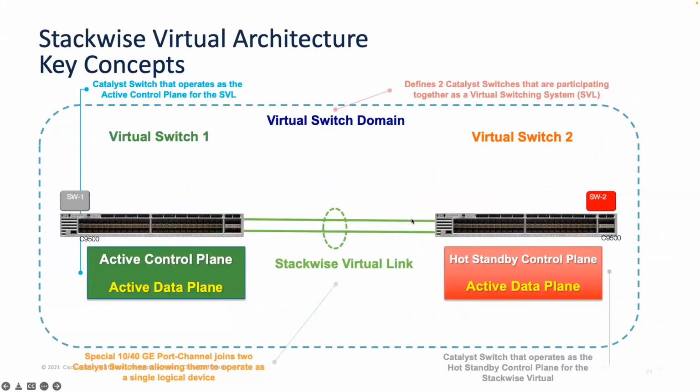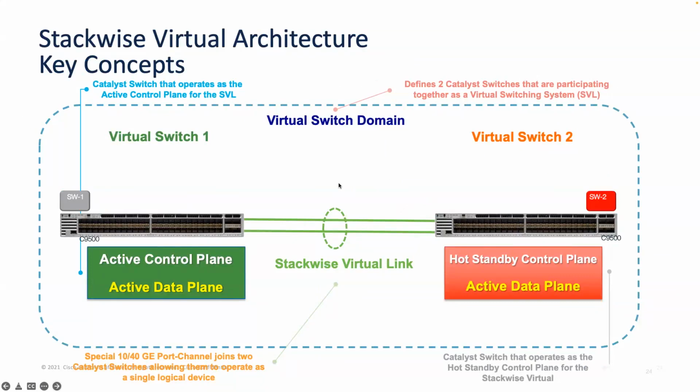So we also want to talk about some key concepts in SV. The first one is the SV domain. When you convert two standalone switches into a logical entity, the SV domain is created. So the SV domain refers to the logical entity that consists of two switches.